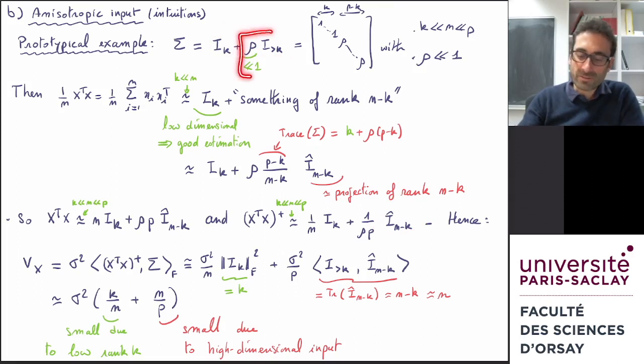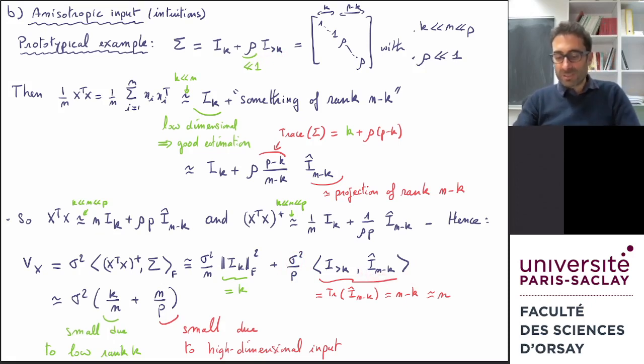Now, if I look at the scalar product of this term and this term, for the same reason, because they are orthogonal, this will cancel out. So the last term that will be non-zero will be this term. So you can see that the rho cancels out. So I just have sigma squared over p as a factor, and I have the Frobenius scalar product between this term and this term.